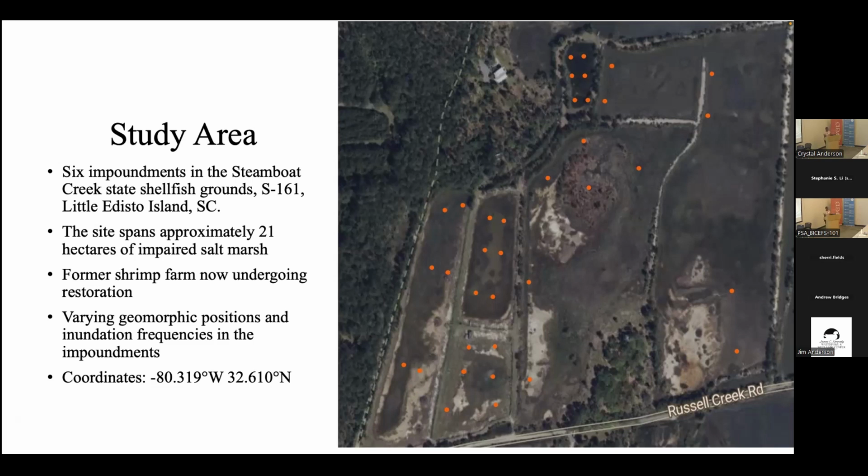These have habitats like high marsh, low marsh, and open water, each offering distinct environmental characteristics. The impoundments differ significantly in terms of inundation regimen and geomorphic position, providing a gradient of ecological conditions.